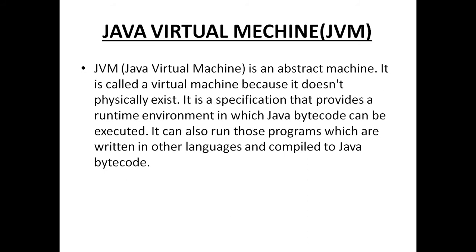It is a specification that provides a runtime environment in which Java bytecode can be executed. It can also run those programs which are written in other languages and compiled to Java bytecode.